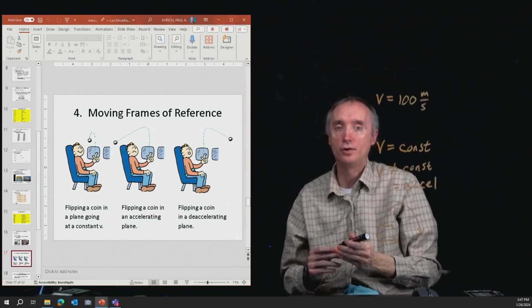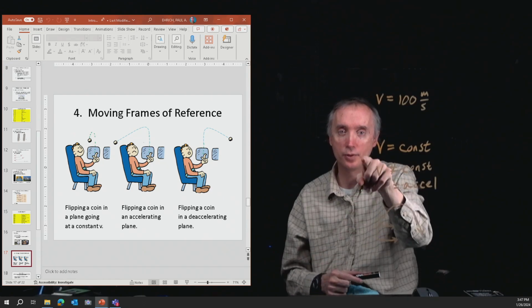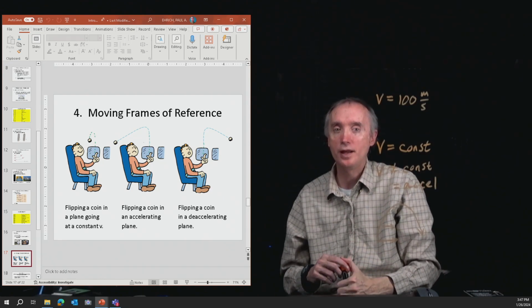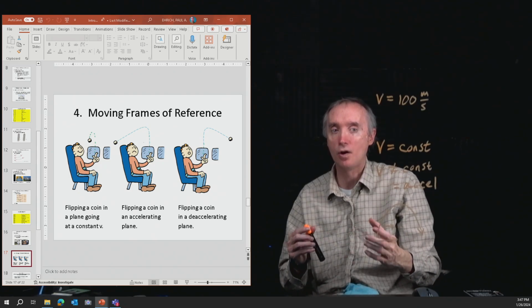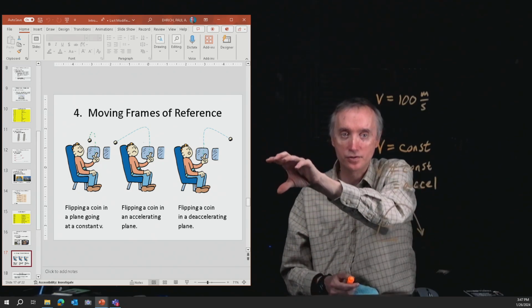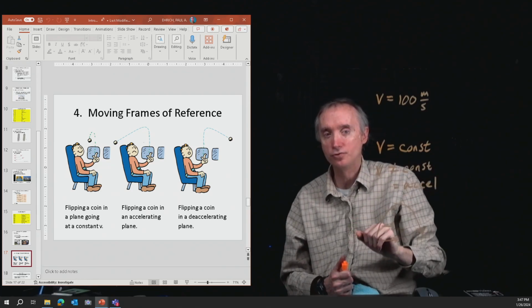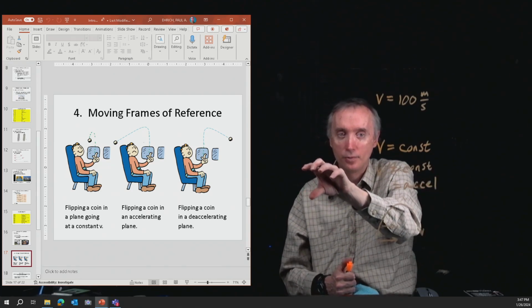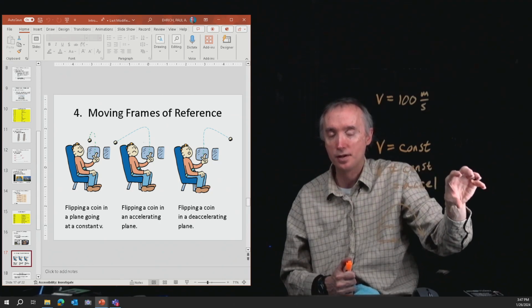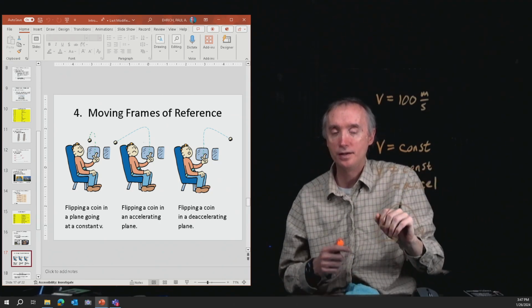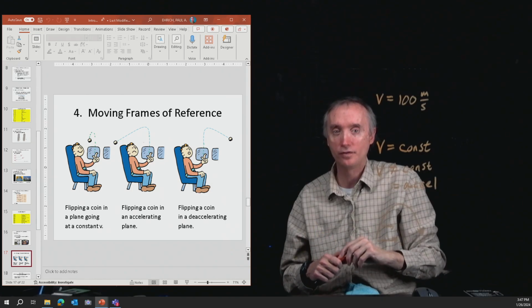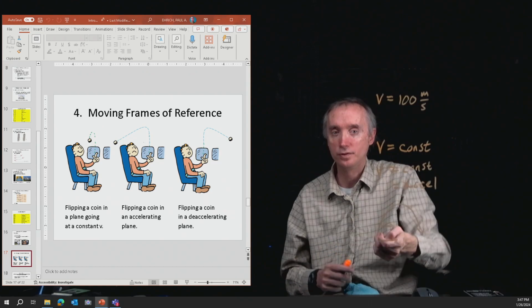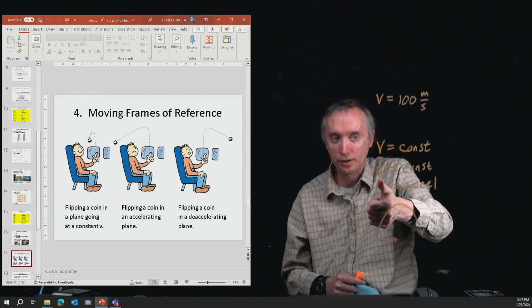Now, what about picture number 2, where the plane is going to be taking off? So the plane is going down the runway. Don't do this, by the way, you'll get in trouble. But let's say that the airplane is going sideways down the runway and is accelerating. It's going faster and faster. All right, now you're going to flip the coin.